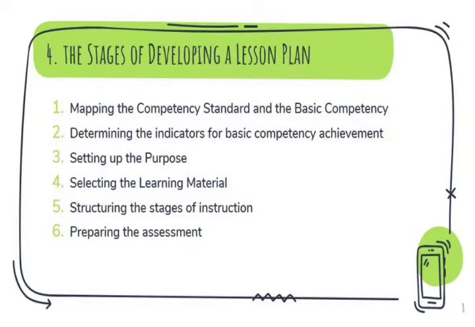Therefore, an English lesson plan should be an integrated unit which may cover more than one single basic competency, like listening and speaking for the oral cycle, and reading and writing for the written cycle. The following are the steps in designing an English lesson plan, as in the slide, and we will discuss it more in the next slide.